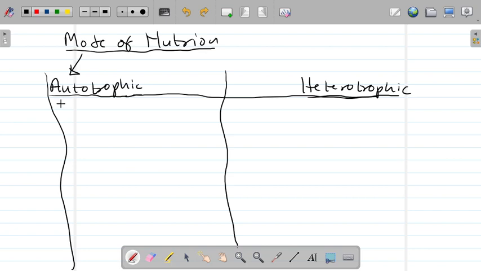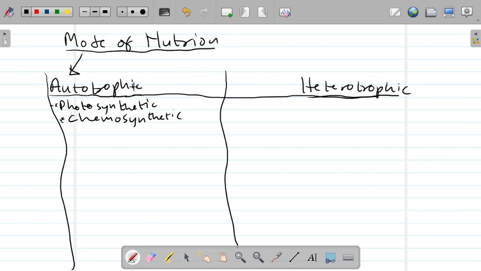We have photosynthetic bacteria and chemosynthetic bacteria. So, what are photosynthetic bacteria and what are chemosynthetic bacteria?